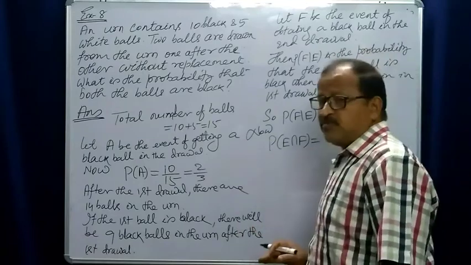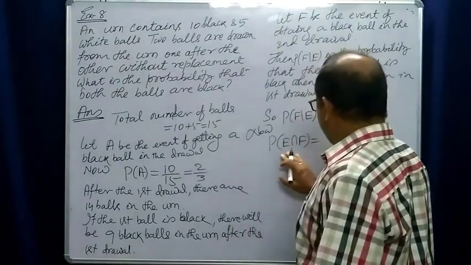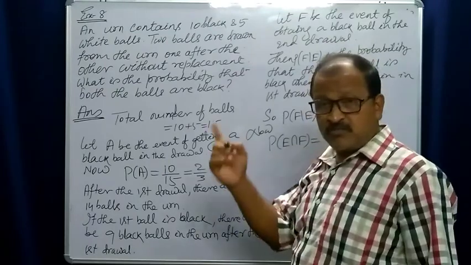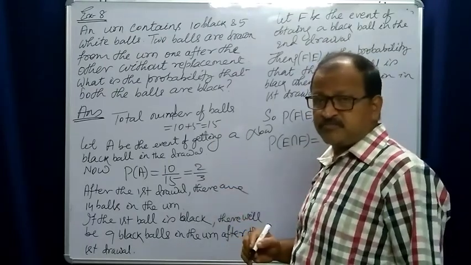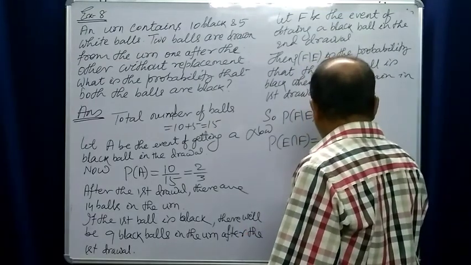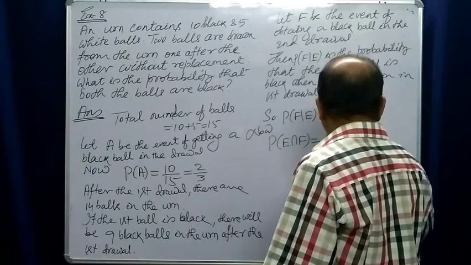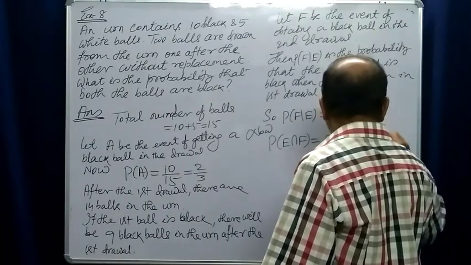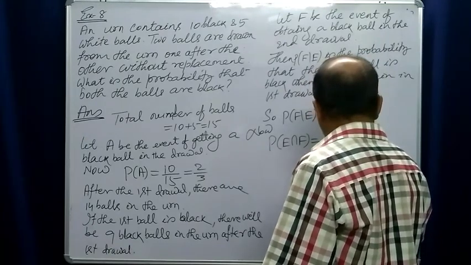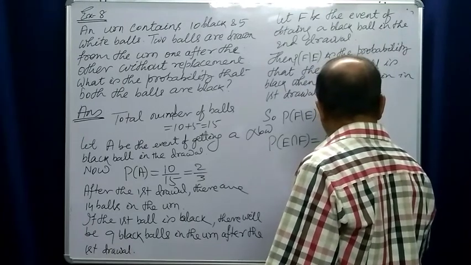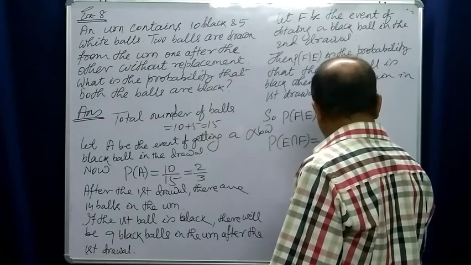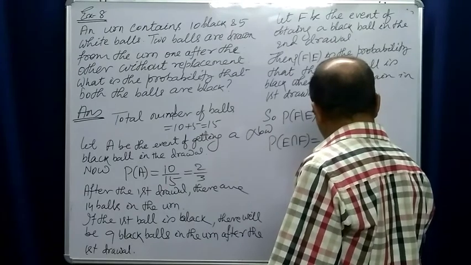According to the multiplication theorem, probability of E intersection F is probability of E into probability of F given E. That is, probability of E was 2 by 3, into 9 by 14. So it is 3 by 7.